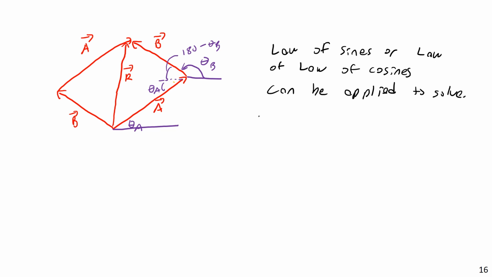So, for example, the law of sines, if you don't remember, let me go ahead and draw this out for a generic triangle. If you have a triangle with side lengths A, B, and C, and then angles, let's say alpha, beta, and gamma, the law of sines states the following.